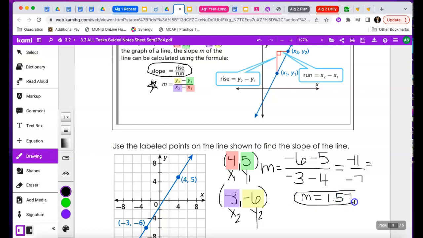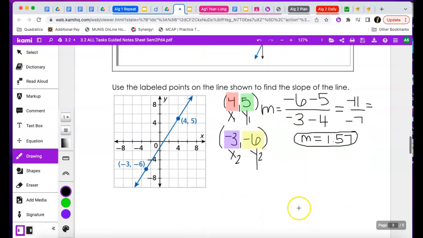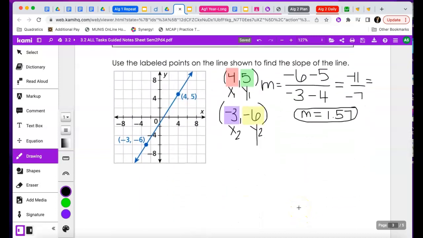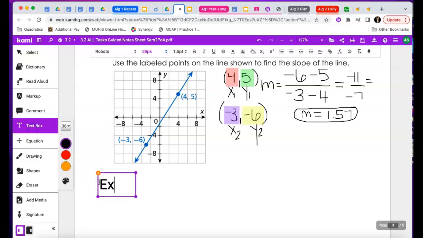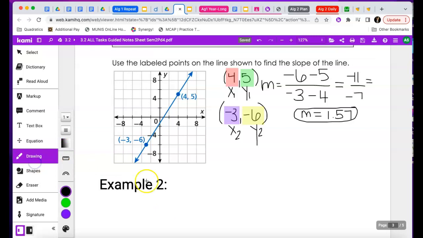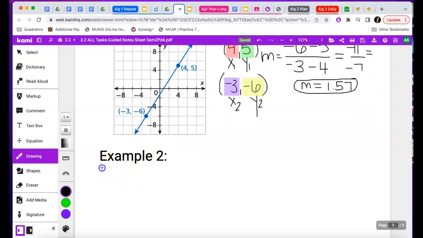So go ahead and pause the video if you need to get caught up on that example before we go over one more example of finding the slope between 2 points. All right, let's look at example 2. So let's say I give you the points 3, 1, and 4, -2.